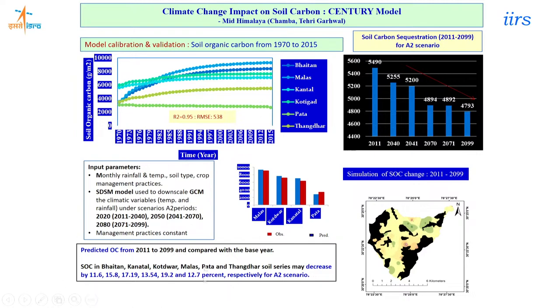So we predicted that in all the soils of Himalaya. We have done one study in the mid Himalaya in Tehri Garhwal, where we found that this has been reducing, it will reduce continuously, and will cause a decrease in organic carbon.